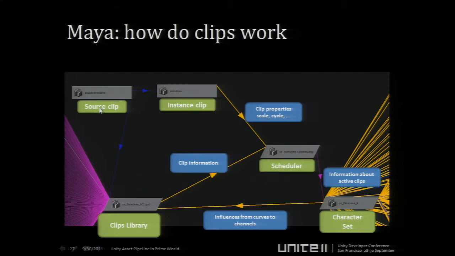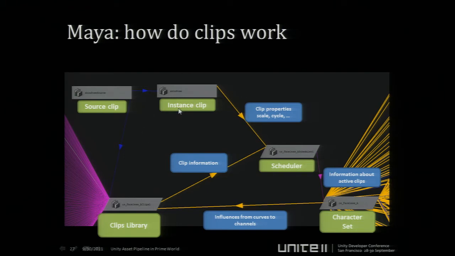The clip library can be represented as a huge table: you have a definition of all the curves, a definition of the channels that you affect in the character rig, and then the first column describing the clip. This is a link between animation clips and controls from the character set.